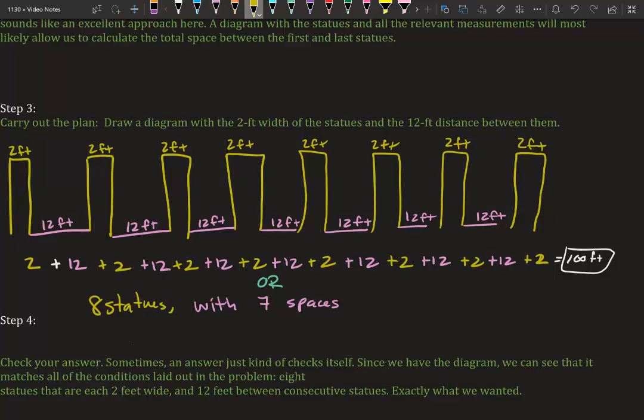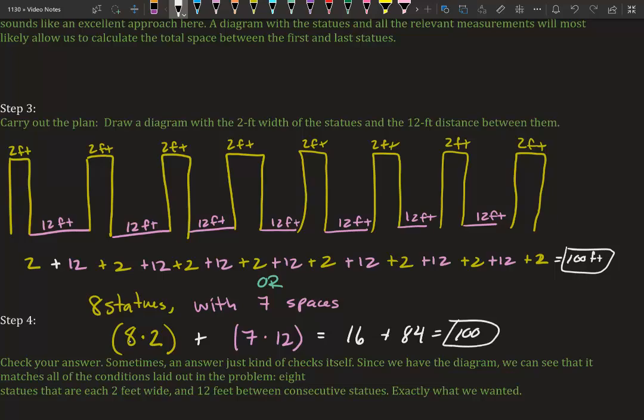So we know that if we have 8 statues, they're 2 feet wide. And then we can add that to the 7 spaces that need to be 12 feet wide. If you add all that up and multiply, 8 times 2 is 16, 7 times 12 is 84, and we get 100. So there's another way to think about that. One is using a picture, a diagram, and another one is essentially using algebra.